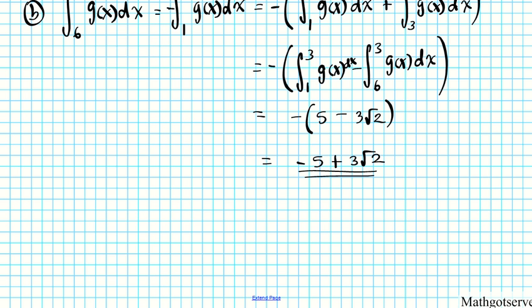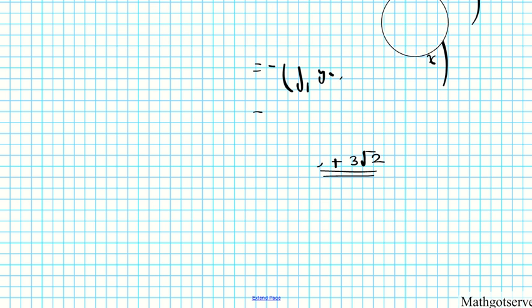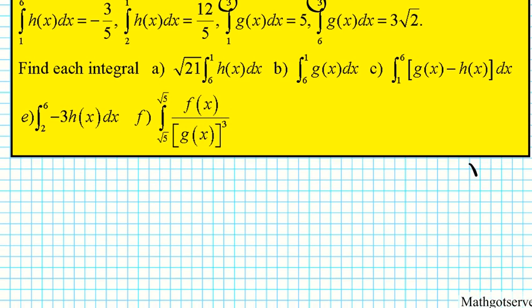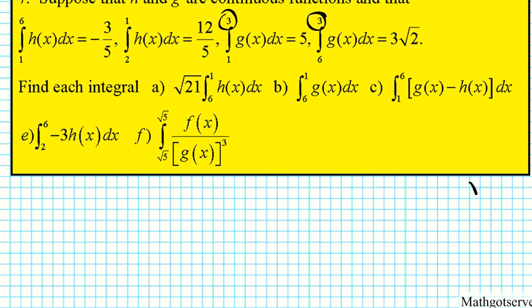Alright, let's go ahead and consider option letter C. What is it that we're looking for in that case? For option letter C, we're looking for the antiderivative from 1 to 6 of g of x minus h of x.